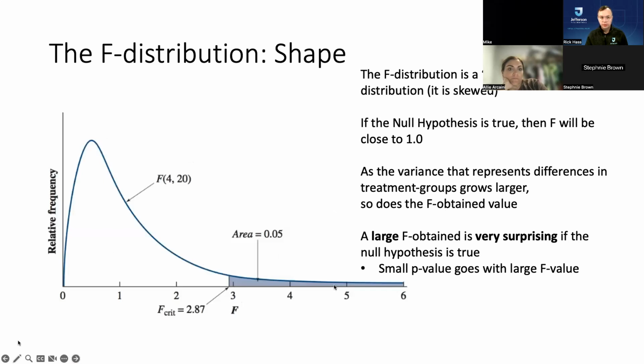The F distribution is skewed. It's also got two degrees of freedom values, which I kind of zap you with in the quiz. You'll get used to that, and we'll walk our way through it. We'll navigate it again this week. But it's a one-tailed test. The larger that F gets, the more surprising it is under the null.